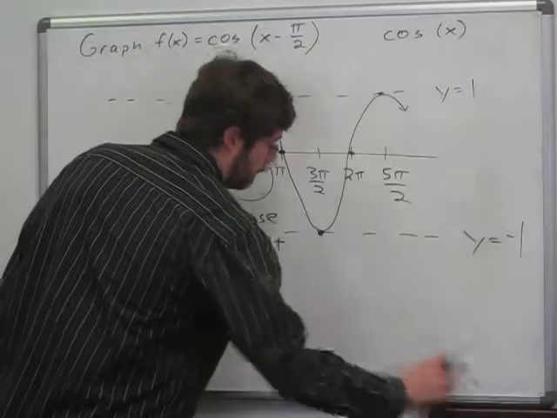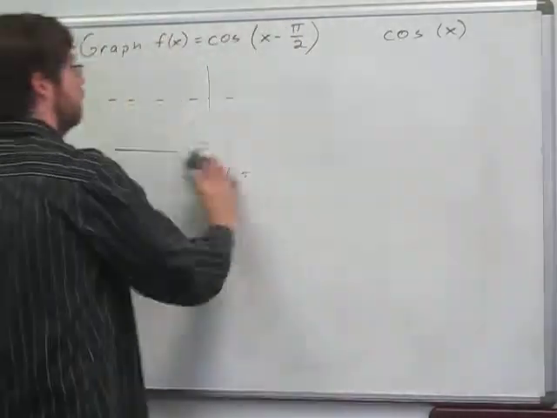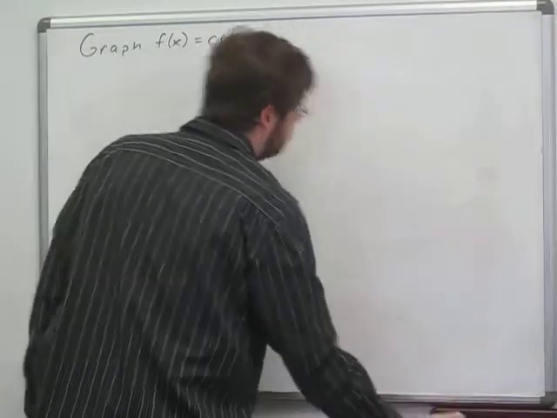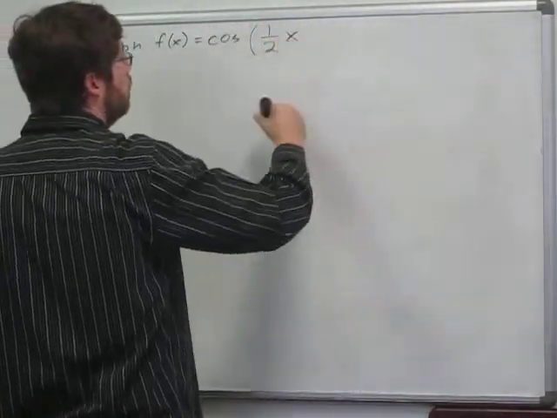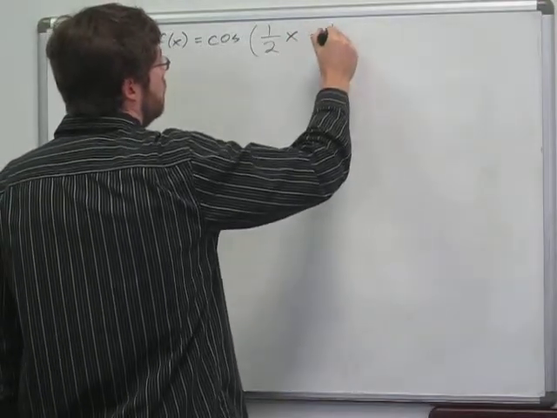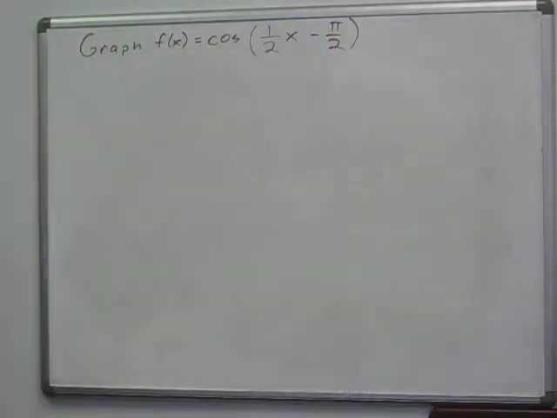So let's try another example. Let's try cosine of 1/2 x, and let's do minus pi over 2 again, right?